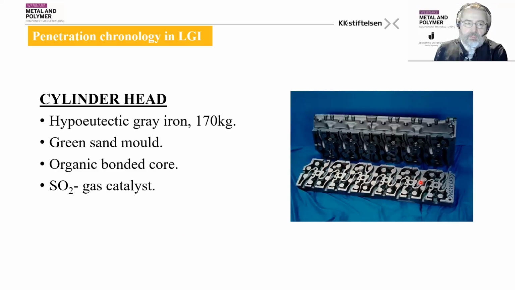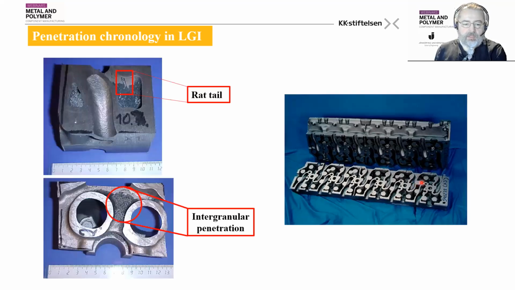And the reason we are talking about chronology is that in such complex shaped castings, we can find different types of penetration, and it will be interesting to see which of them appear earlier or later, or what could be the mechanism behind initiating the penetration.